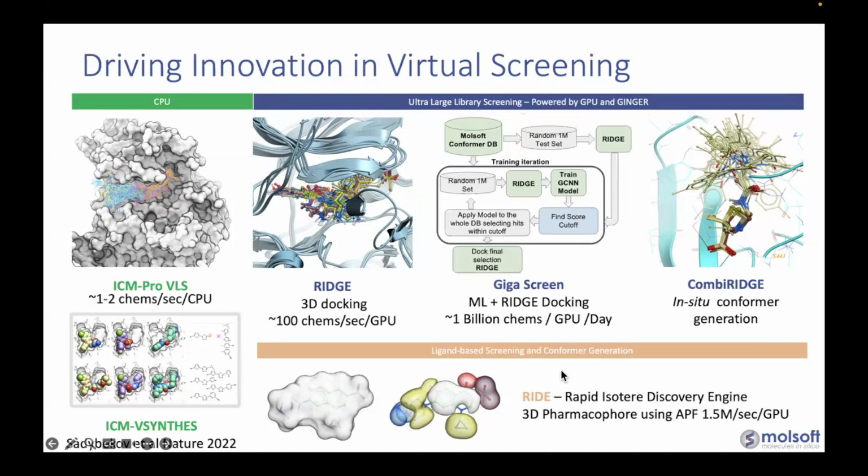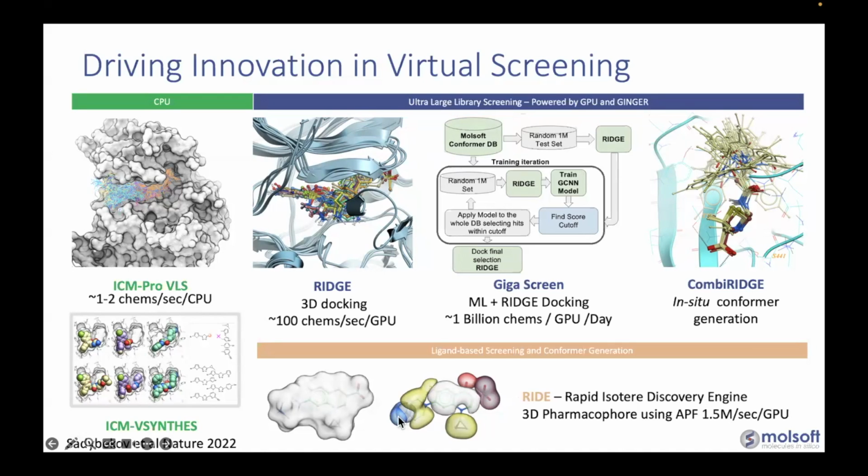We also have a tool called RIDE. It runs on CPU or on GPU. It's extremely fast. It is a ligand-based screening method for ultra-large libraries. We have pre-prepared libraries from a variety of vendors that you can use. So it's a good tool if you have maybe a lead compound, but you don't have a crystal structure. You can identify scaffold hops to new chemistry using the atomic property fields.